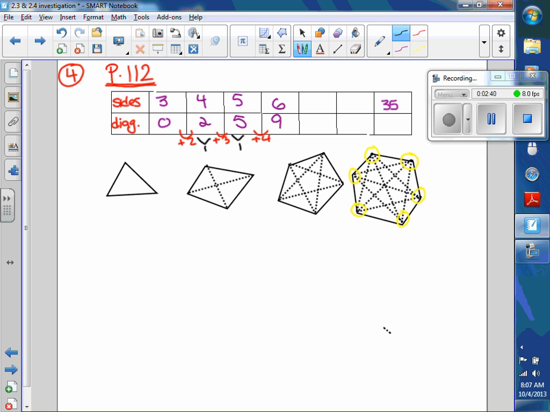So 2 things. You should be able to figure out what the next one is, up by 5. So if it was a 7-sided figure, you'd have 14. And you should be able to figure out the rule for n, which takes a little bit more work. Okay? So far, so good?